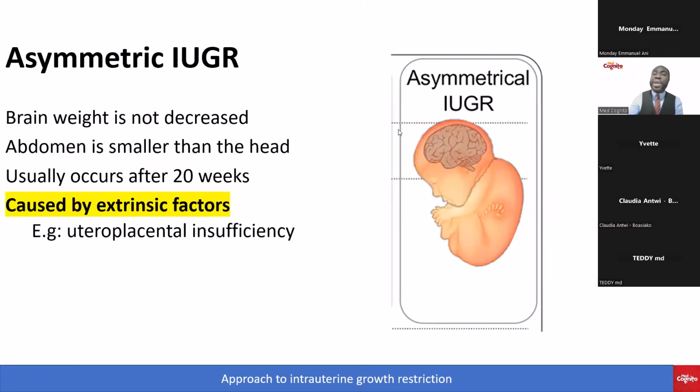Asymmetric, the brain weight is not decreased. The abdomen is rather smaller than the head. Usually occurs after 20 weeks, and it is caused by extrinsic factors, for example, uteroplacental insufficiency. Let me say it again.